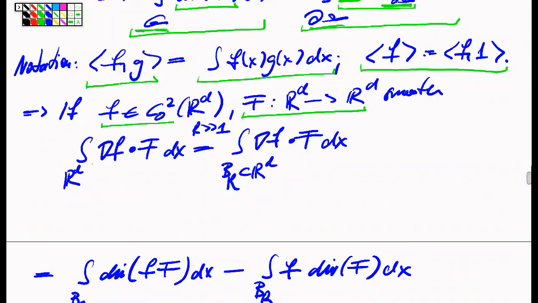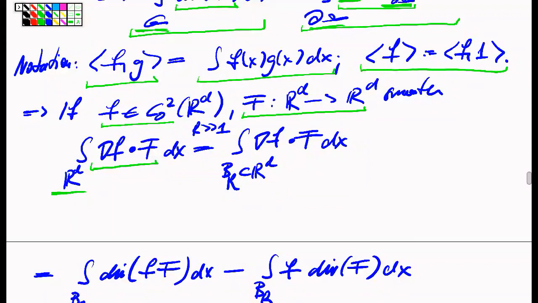And then I want to integrate the gradient of that function, which is then a vector field. I want to take at every point the inner product with that vector field. That gives me a scalar function, and I want to integrate that over the full Euclidean space, where, let me say it again, the function f is compactly supported.